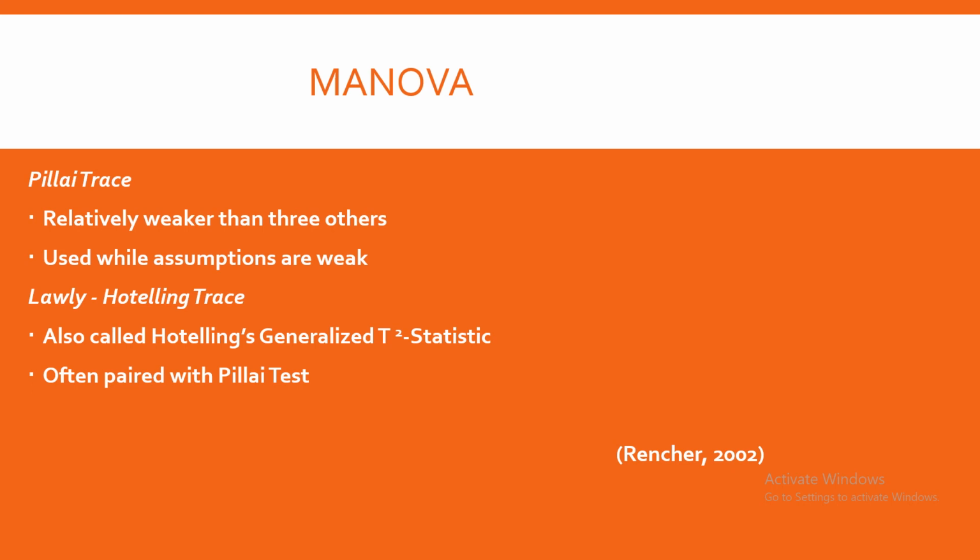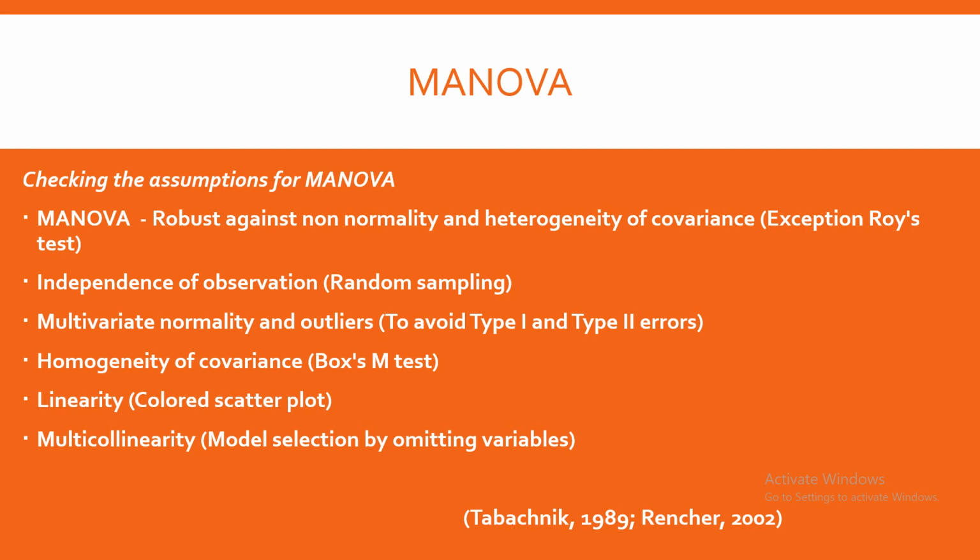After that, this is one of the very important topics to discuss while performing MANOVA. Because of this very reason, many researchers don't want to perform this test, or they want to but cannot, because of not meeting these assumptions. Generally, it is considered robust against non-normality and heterogeneity of covariance. In the case of Roy's test, these assumptions should be met very clearly.